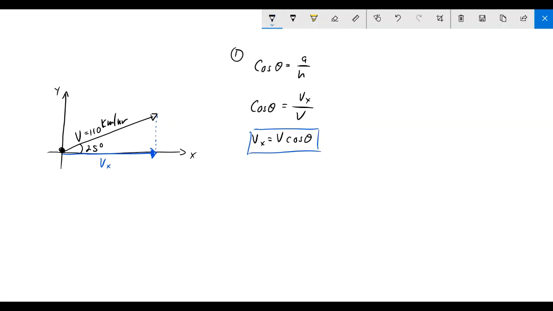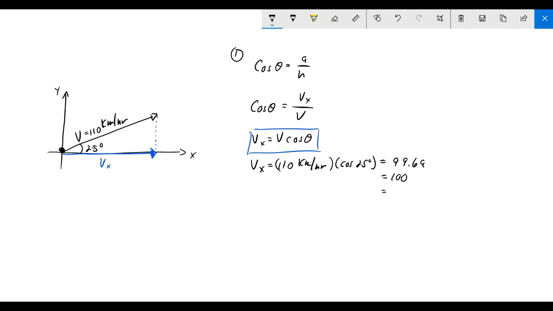Let's put the numbers in. Vx equals 110 kilometers per hour times the cosine of 25 degrees. This is a little bit tricky. We get 99.69 for this. However, if we look at the information that's given, I've got 2 sig figs here and 2 sig figs here. This would round to 100, but of course 100 only has 1 sig fig.